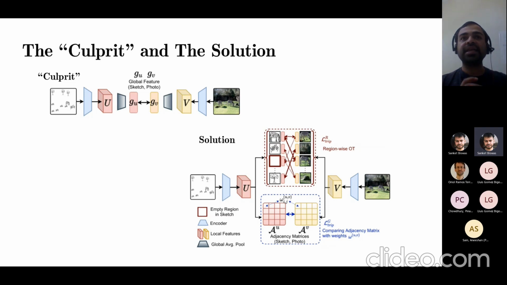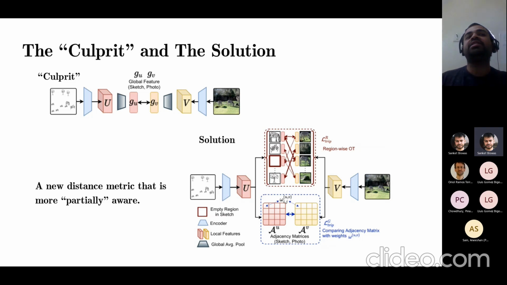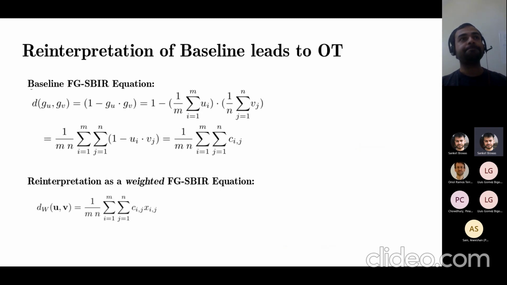The problem is that there are empty white regions in the sketch, whereas the photo is a very dense representation. So ideally you can break the photo or the sketch into patches and match the patches among each other in a weighted fashion. That's exactly our solution. We come up with two additional losses, or a new distance metric, which is more partialness-aware and more suitable to scene level FG-SBIR.